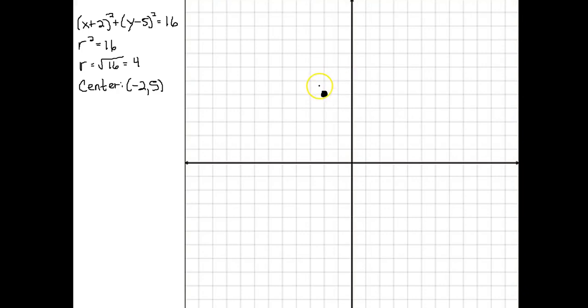With a radius of 4, go directly to the right, 1, 2, 3, 4. Go directly to the left, 1, 2, 3, 4. Go directly up, 1, 2, 3, 4. Go directly down, 1, 2, 3, 4.